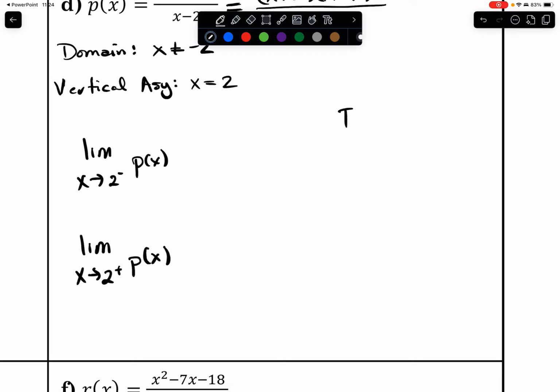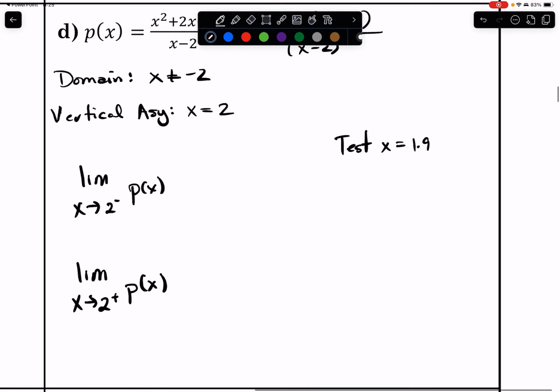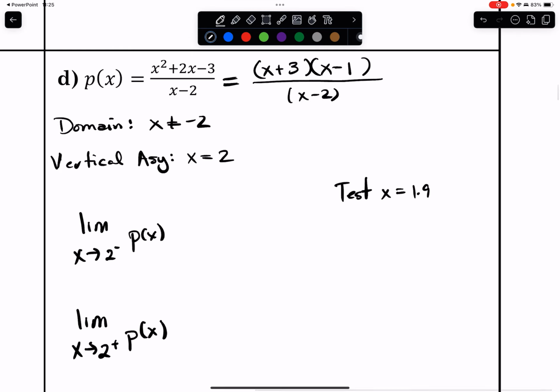All we do again is test a value less than 2, so 1.9 for example, and plug it into the factored form. We see that there are 3 places to test this number. We end up with a positive, a positive also, and a negative, so this entire thing is going to be negative.